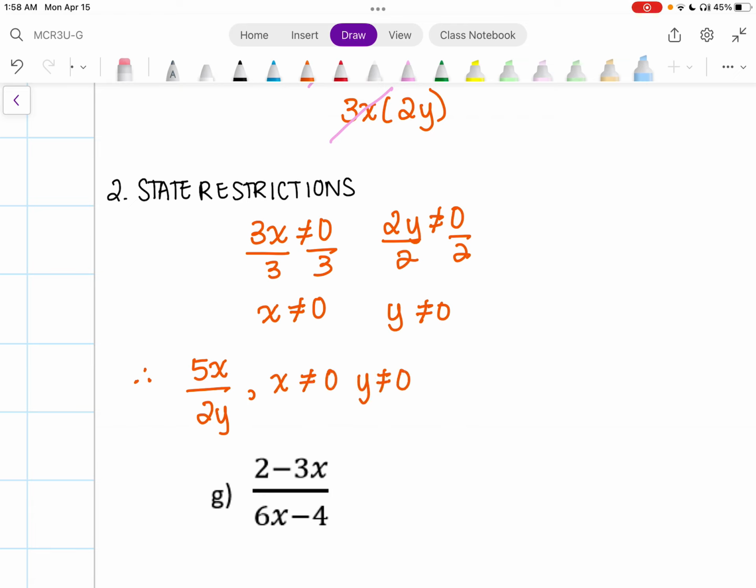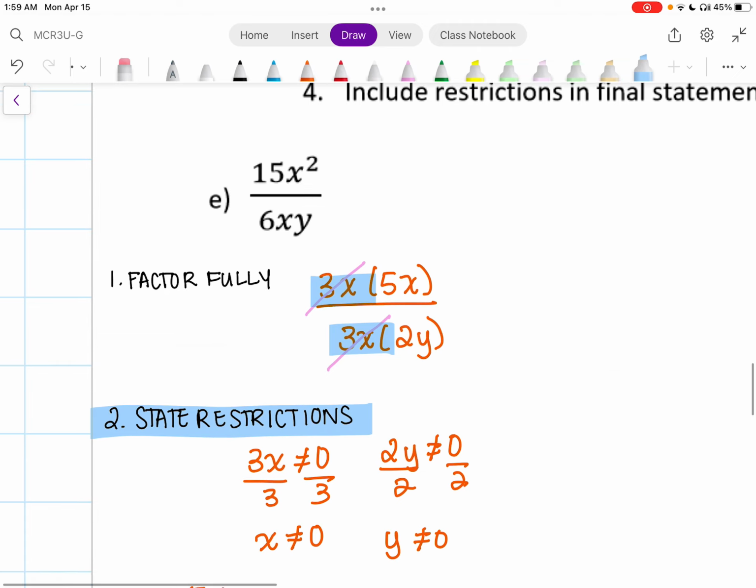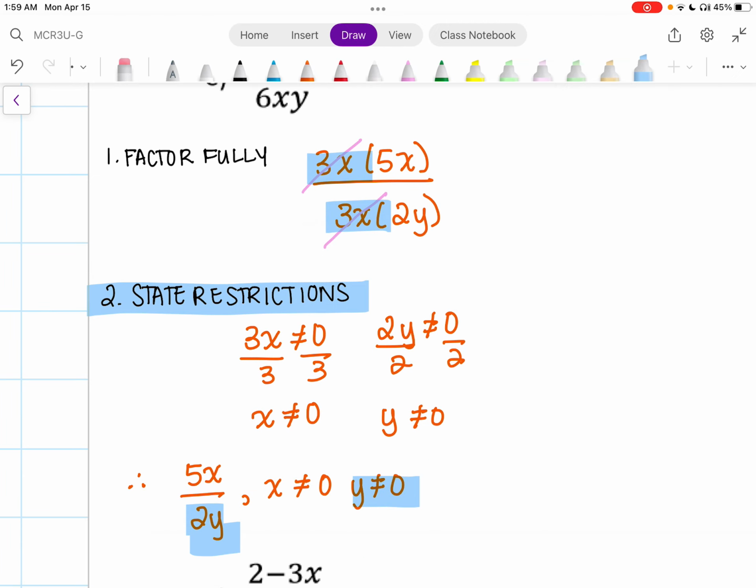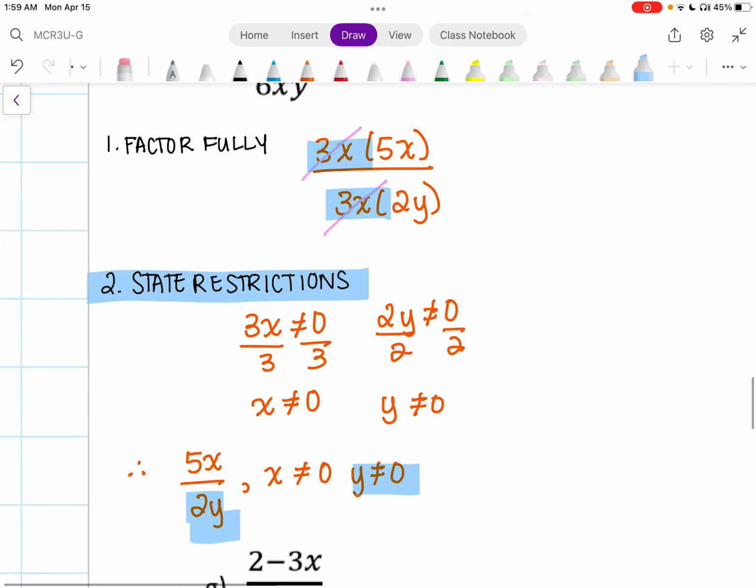The reason it's so crucial to state your restrictions in this step and not in the last step is because here it's obvious that y cannot equal 0. But even if you cross out the x's, it's still a restriction.